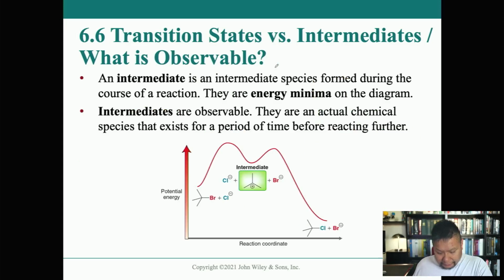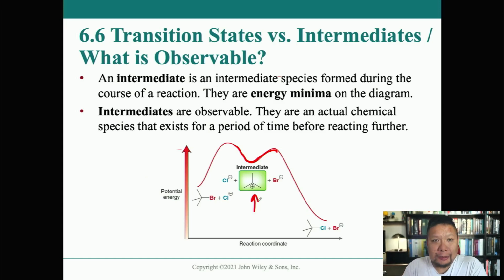Whereas an intermediate you can observe because it's got lower energy. There's not a bond forming. Here we just have a positive carbocation on an isopropane.